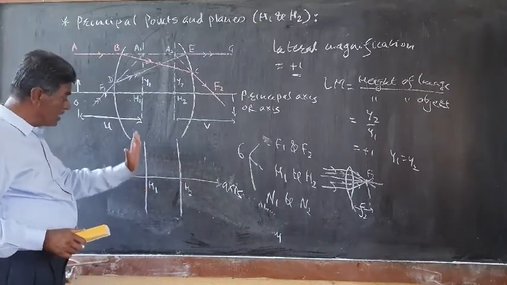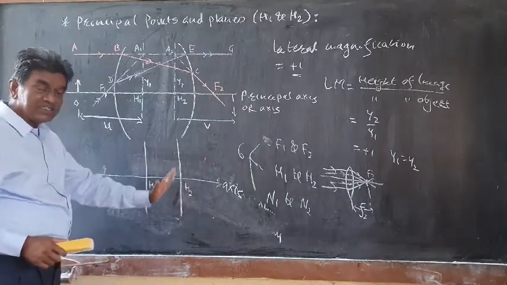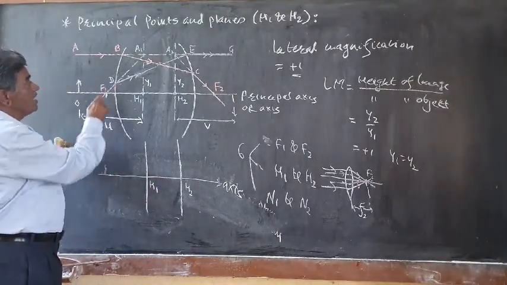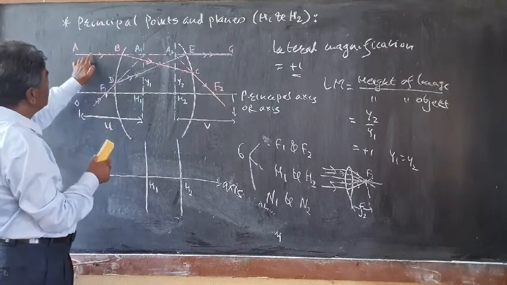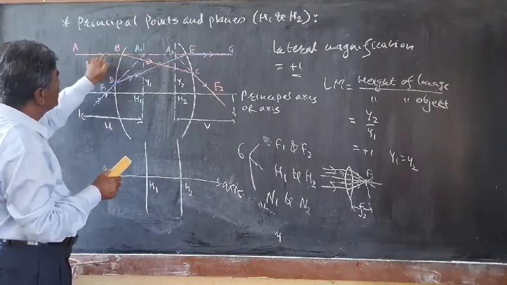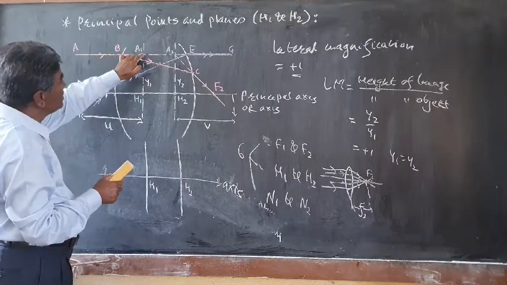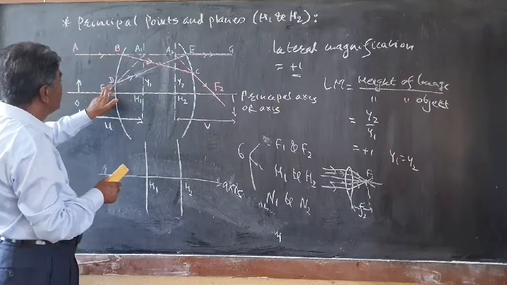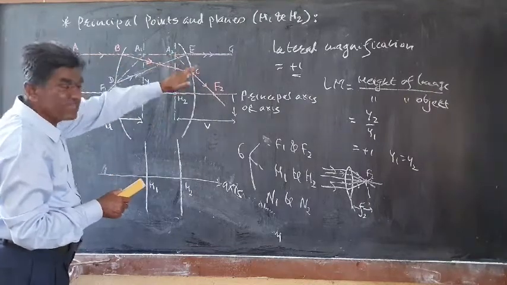So this is the first principal plane, this is the second principal plane, and you also have to remember that any ray directed towards here falls on this, and its emergent ray will proceed from the same height. Here it is also passing through the same height.